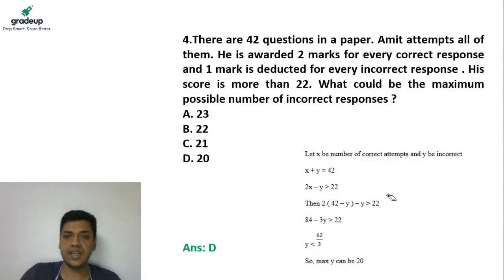Okay, if you want to do it properly, you can also see the solution. If I assume X to be the correct answers, Y to be incorrect, X plus Y is 42. 2X minus Y has to be more than 22.